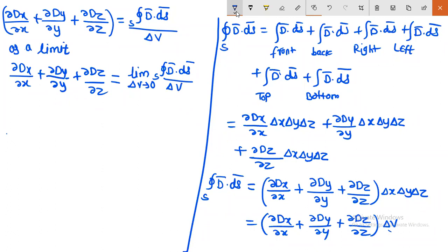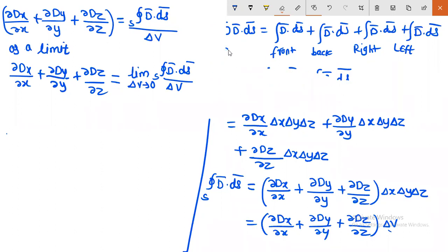Okay, is the right side complete? Yes. Okay.